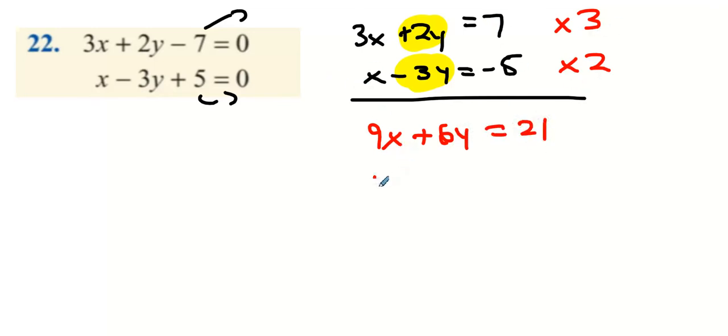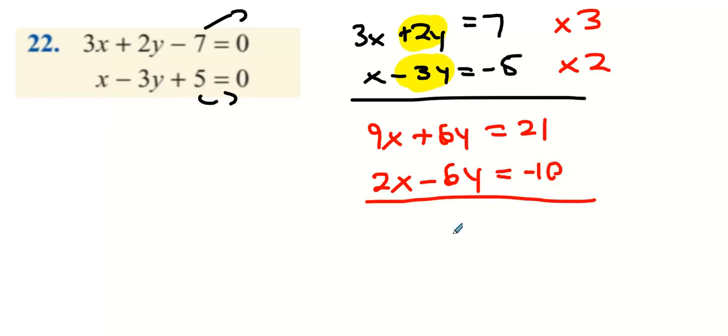Then 2 times x is 2x, 2 times minus 3y is minus 6y, and 2 times minus 5 is minus 10. We're going to add downwards, 11x equals 11, then divide 11 by 11, and we find our x value equals 1. That right with you guys?